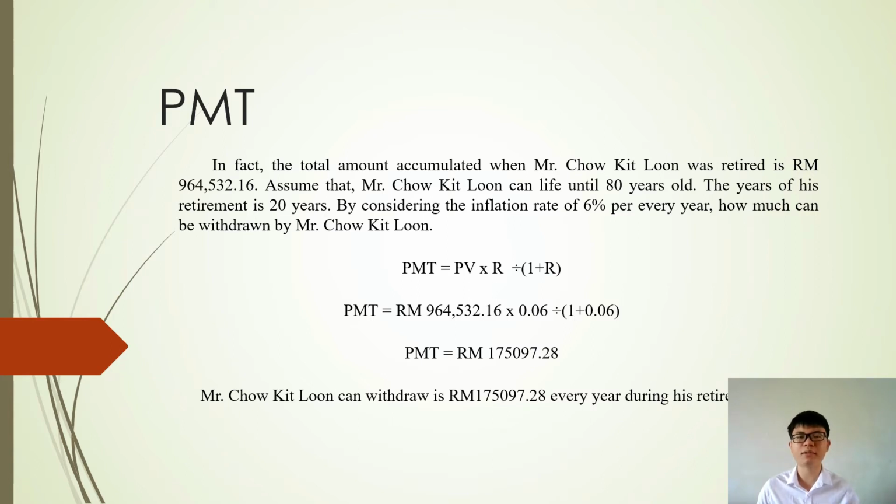We assume that Mr. Chow can live until 80 years old, which means he still has 20 years of retirement life, and the rate of return after the inflation rate is 6%. Therefore, we know that Mr. Chow can withdraw 175,000 ringgit and 97 sen every year during his retirement life.